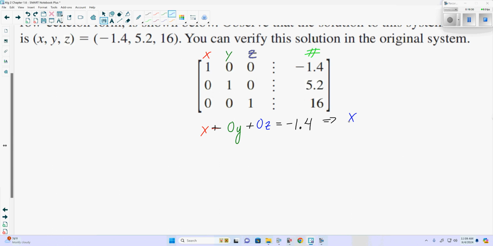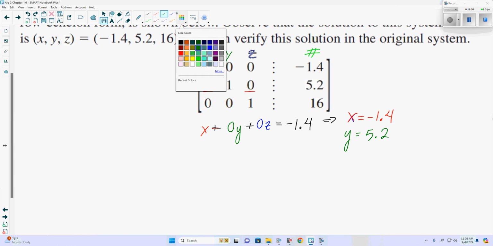So basically it's saying x right here is equal to negative 1.4, yes? Well, the middle one, it's telling us I have 0x, 0z. It's just saying y is equal to 5.2, and the last one, z is equal to 16.